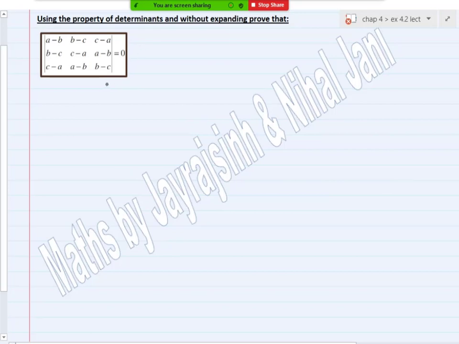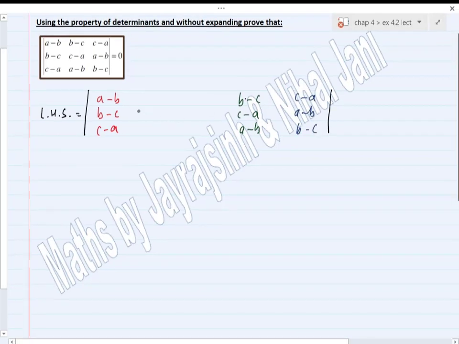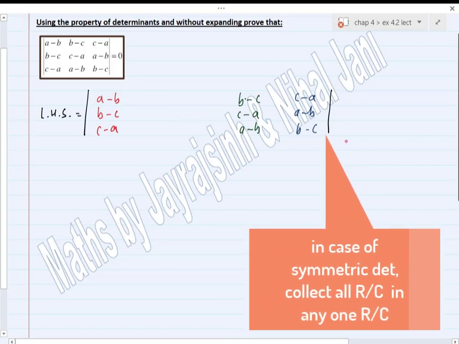Using the property of determinant and without expanding, you have to prove that the value of determinant is equal to 0. Very good. So first of all, let's write down the left hand side. So here we have a symmetric matrix. So the preferable operation is C1 gives C1 plus C2 plus C3.